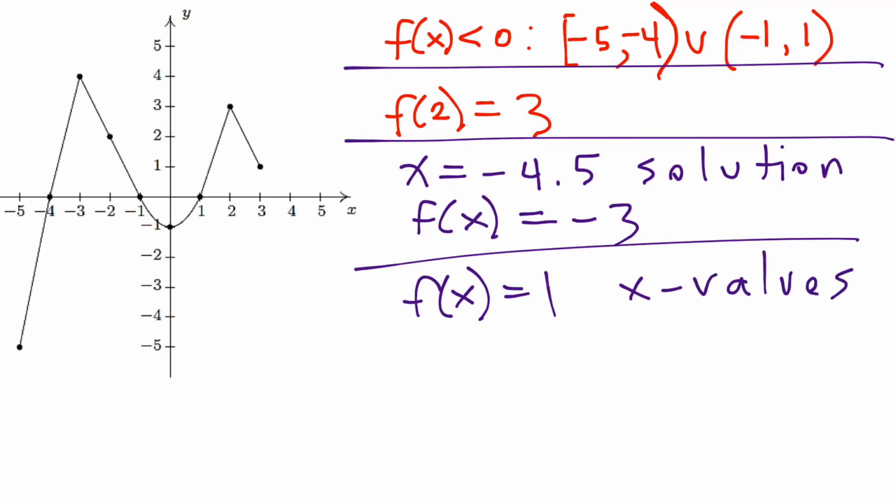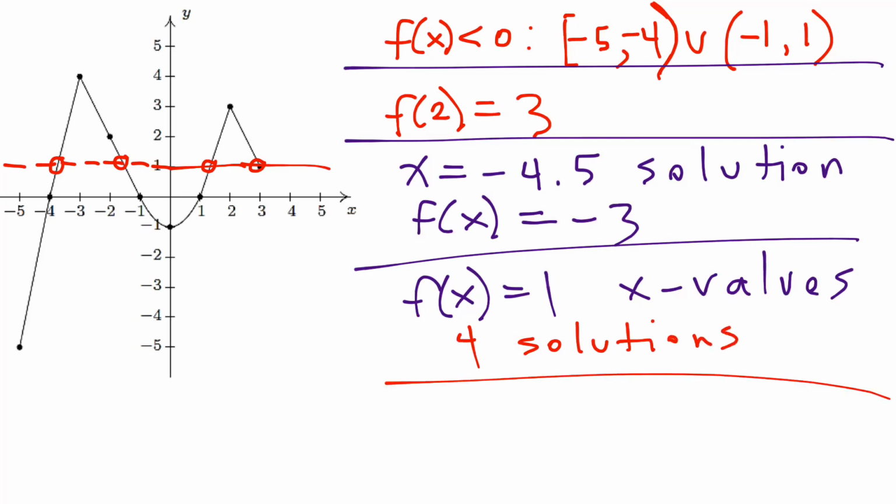So let's draw a horizontal line through f of x is equal to 1, and we'll see how many places it cuts through the graph. So I've got 1 here, 1 here, 1 here, and 1 here. So that means there are 4 solutions, which means 4 x values where the value of the function is 1.